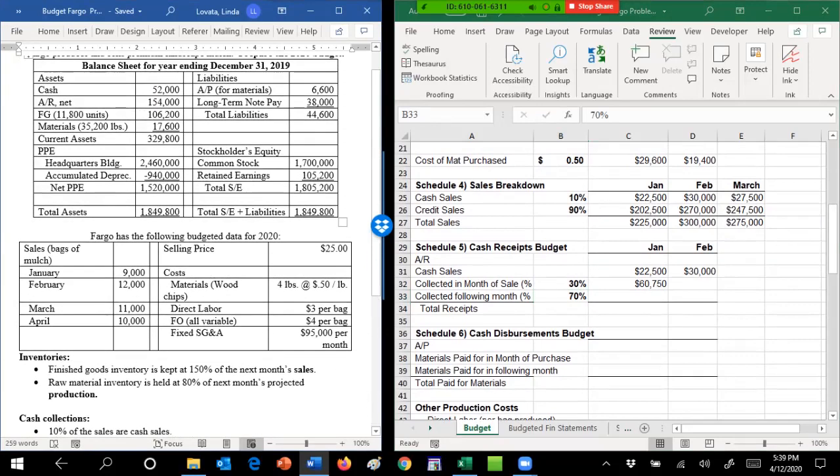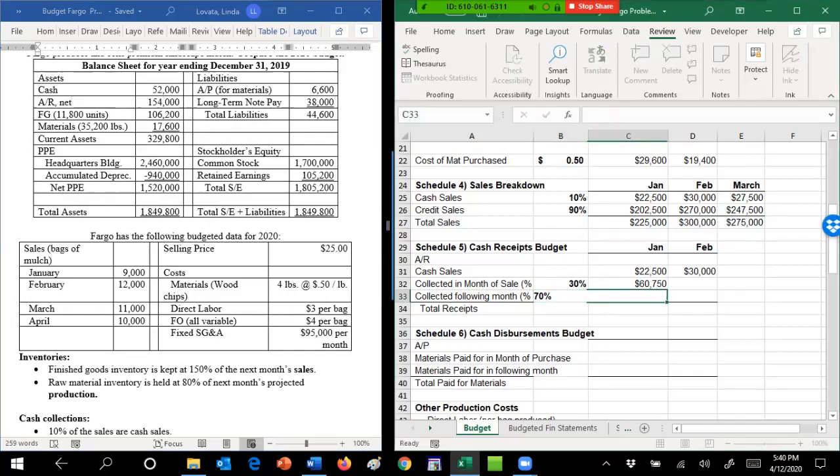And if you think about it, what in the world is an account receivable? An account receivable is somebody who bought something this month, but they haven't paid for it yet. So we're going to assume everybody pays us, so that 154 is our accounts receivable December 31st. Those people are going to pay up in January.